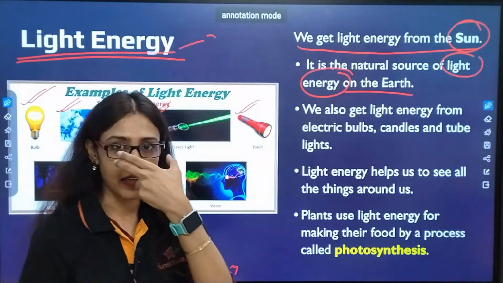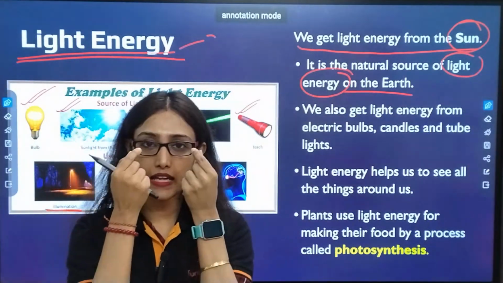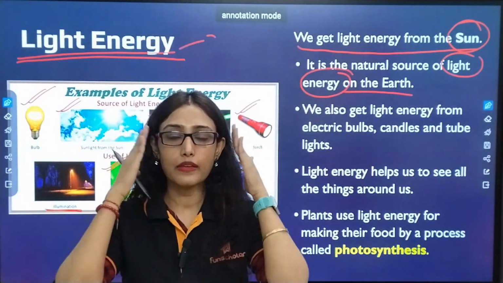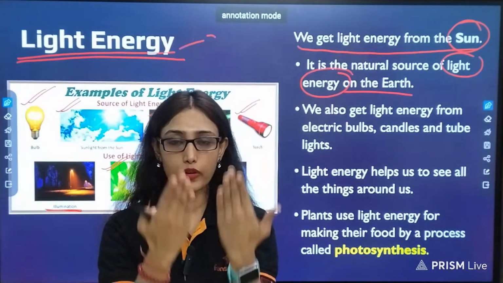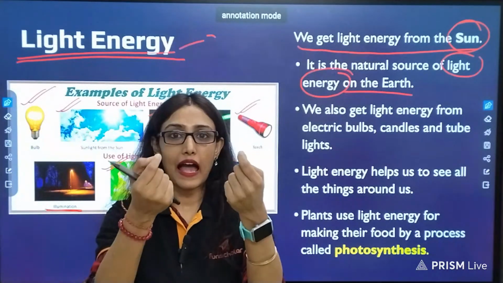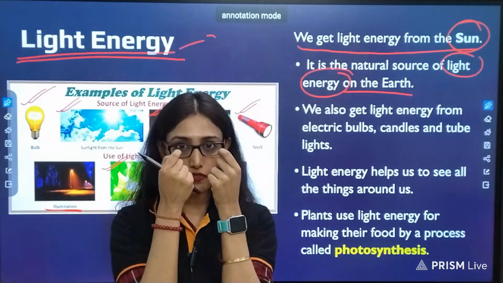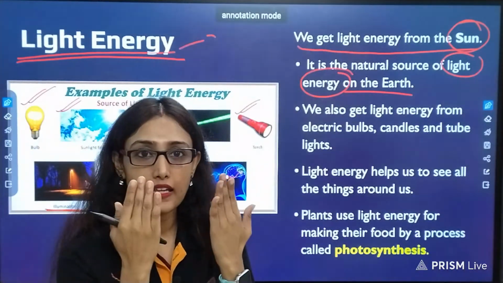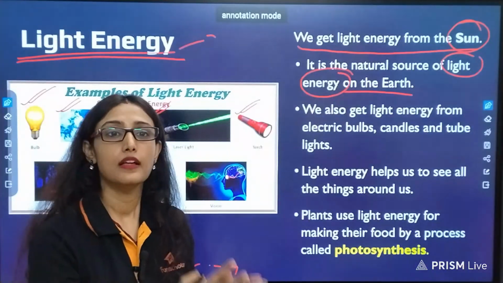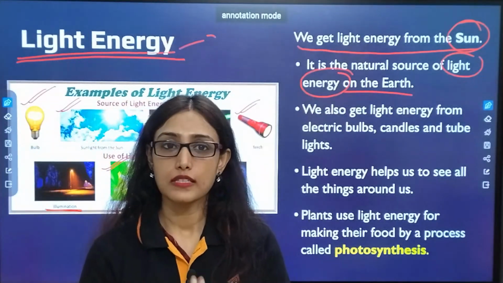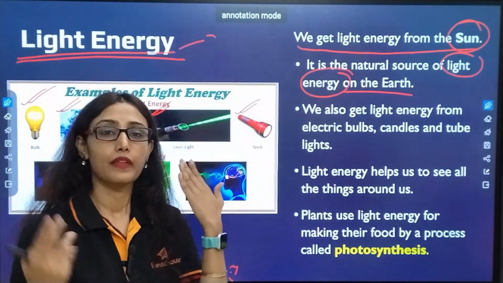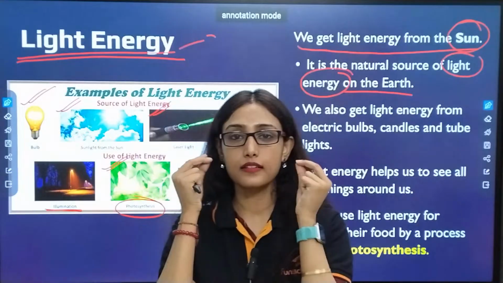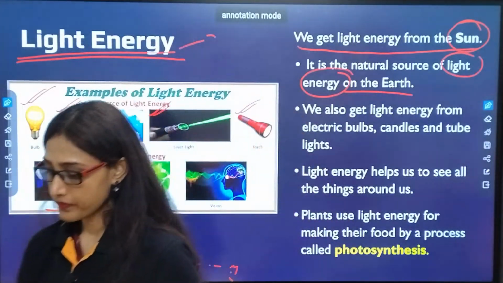Even our eyes capture the light. Okay, that is why an image is formed in our brain and we can see things. If light energy or a source of light cannot enter the eyes, just like blind people, they cannot see anything. Okay, we can see because our eyes can detect this light energy.